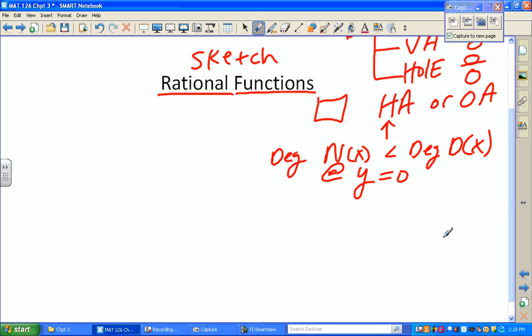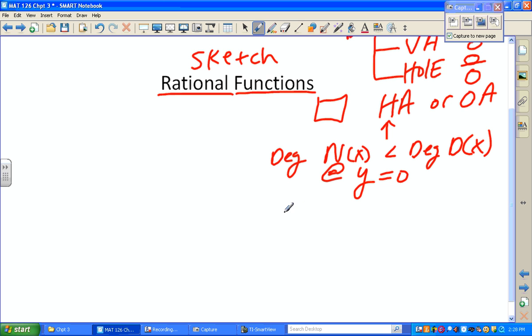Got that? We're not going to talk about obliques today. We'll talk about those tomorrow, if there's time. So, what's another possibility between the degrees? If it's less than, we know what to do. What's another relationship between the two it could have? Equal to.